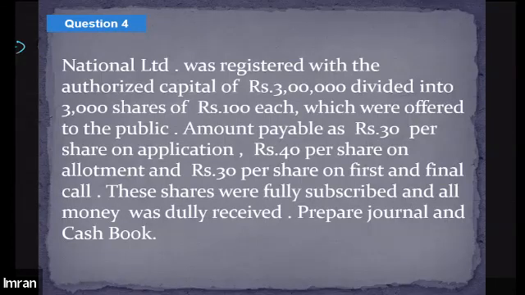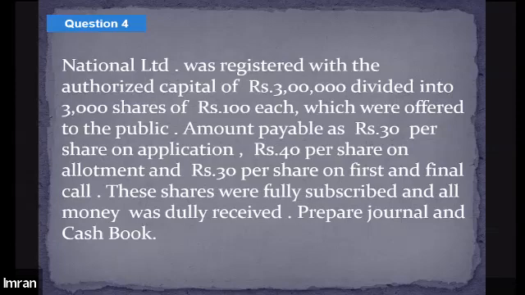Okay, now see, let's start with question number 4. It says National Limited was registered with the authorized capital of rupees 3 lakh divided into 3,000 shares of rupees 100 each, which were offered to the public. Amount payable as rupees 30 per share on application, rupees 40 per share on allotment, 30 per share on first call and final call.